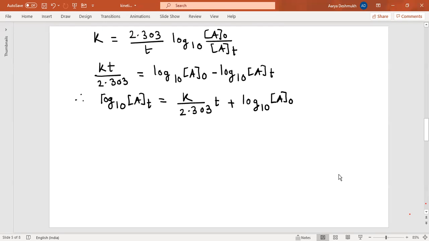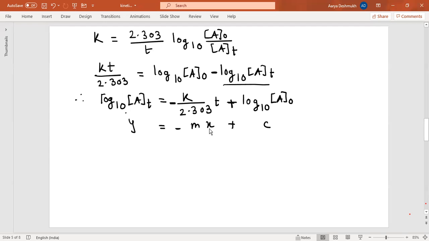We just brought this to the left hand side and rearranged the equation. We want this in the format of y equal to mx plus c, isn't it? So here it should be minus actually. To remove this minus sign, we write minus here, and here it is plus. So this will be y equal to minus mx plus c.